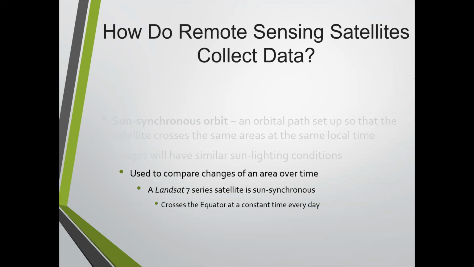But remember, it's a 16-day time frame. Landsat uses a series of satellites in sun synchronous orbit, and it crosses the equator at a constant time every day. So that same satellite will cross the equator at the same time. But remember, because of the rotation of the Earth and the motion of the satellite, it's not hitting the exact same swath. So that takes the 16-day time frame.